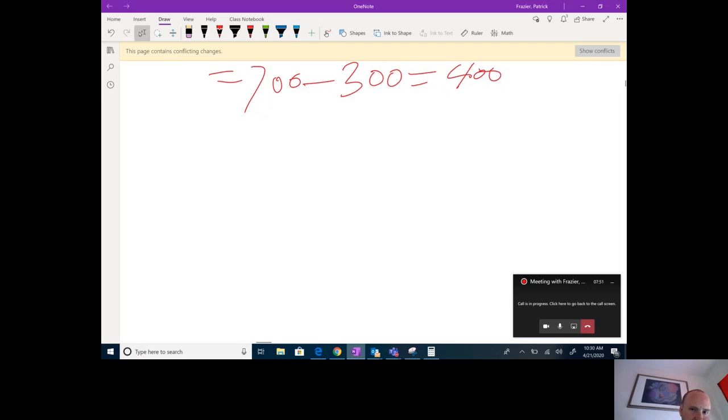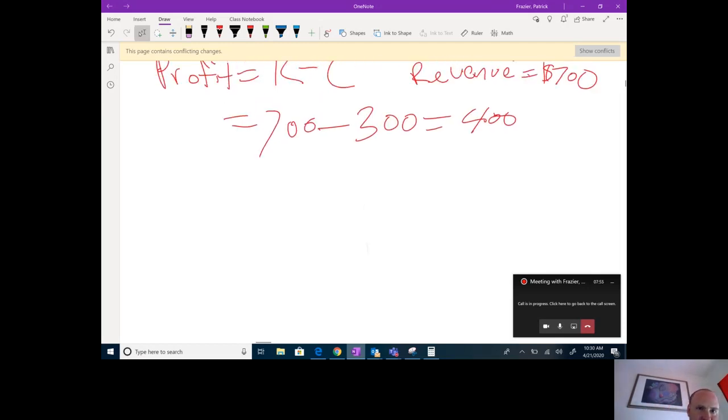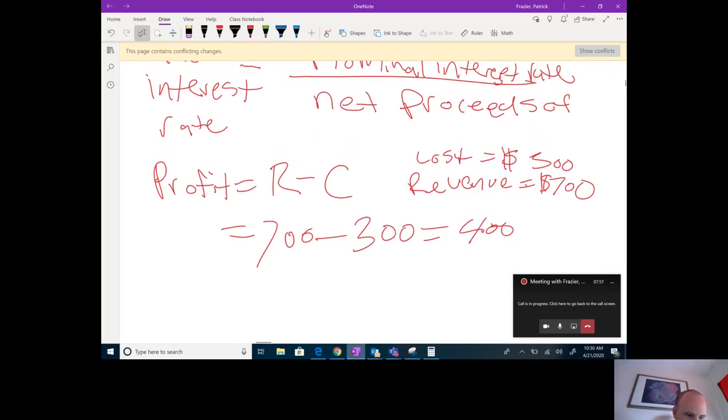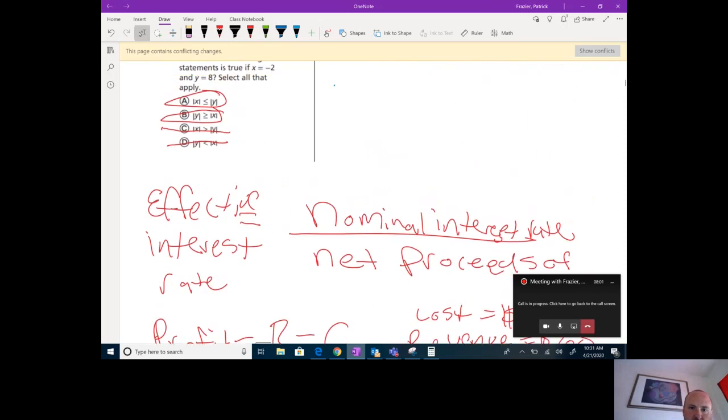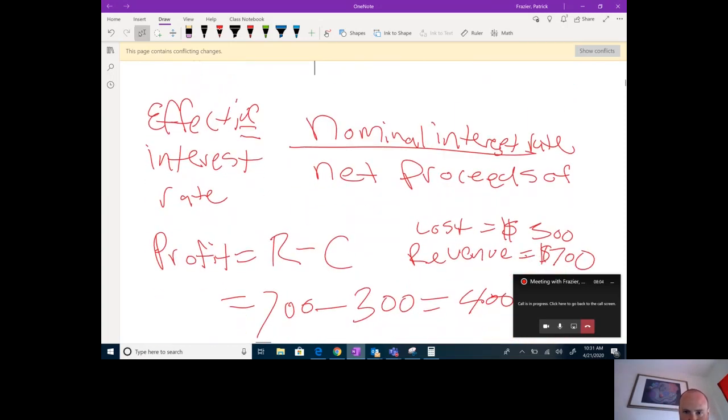Okay, so now that explains why we're making the compensating deposit, because when you make that compensating deposit, we're deducting another thing out of the net proceeds, which means we're going to have a smaller number in the denominator. And the smaller the denominator, the higher the percentage, the higher the ratio.